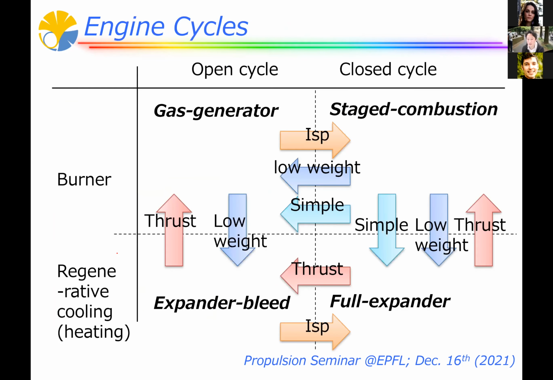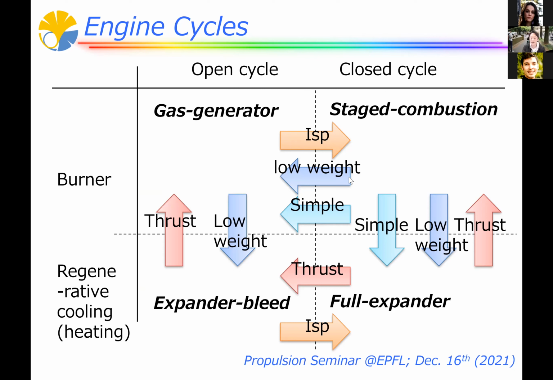Okay, so this slide shows a summary of the features of the four engine cycles: gas generator, staged combustion, expander bleed, and free expander. In the point of performance, staged combustion is fantastic, but very difficult, and somehow high weight, and maybe cost is very high.